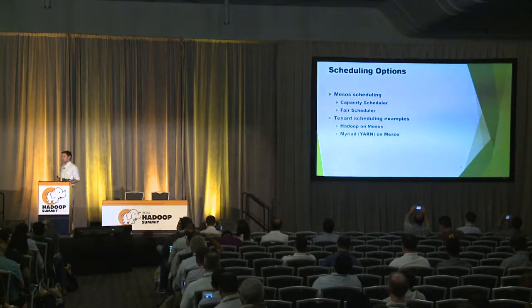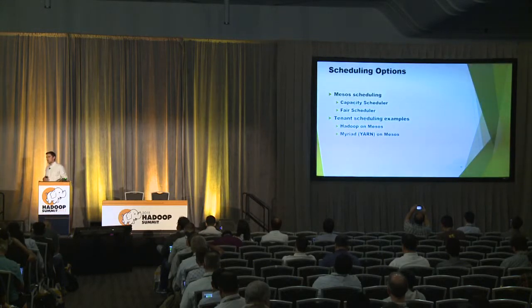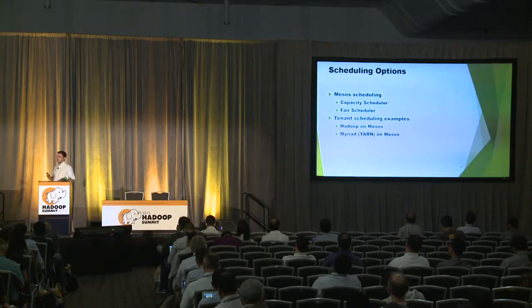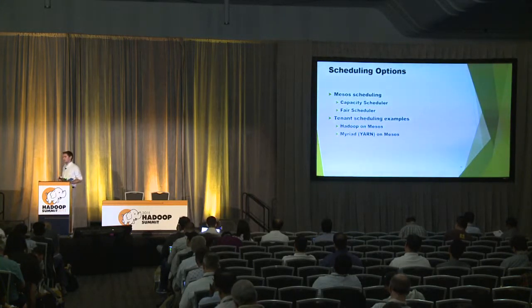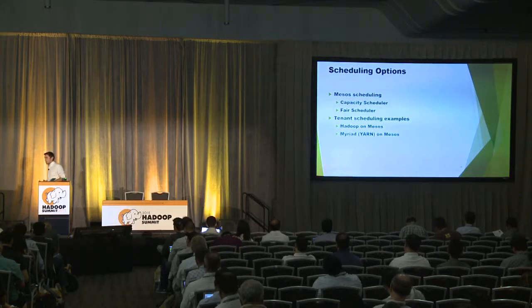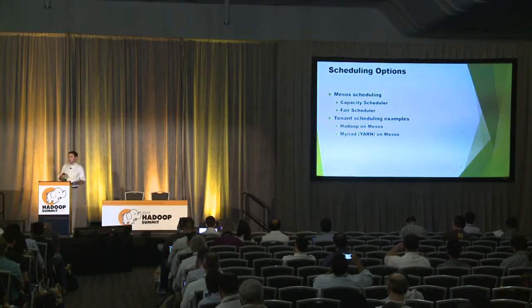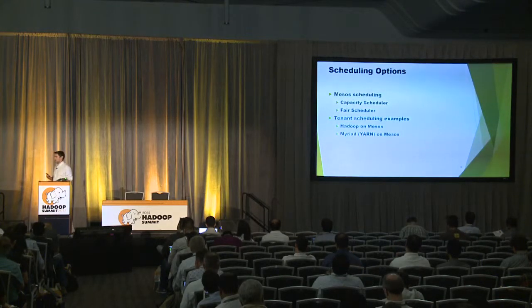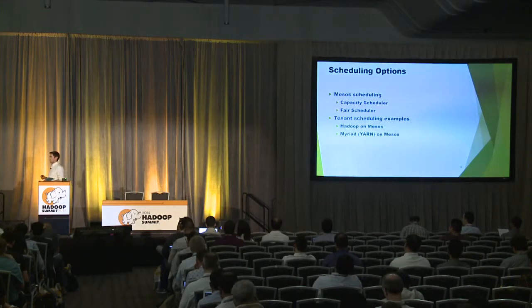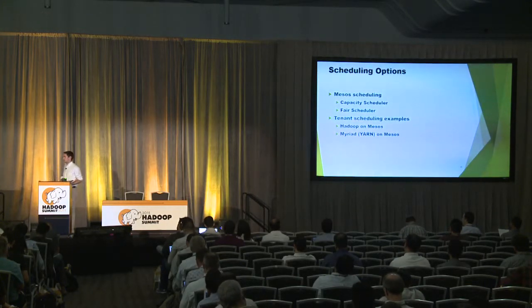Being able to take advantage of this hierarchical scheduling model gives the resource pool the opportunity to divide up those resources by capacity or by fair sharing across the different frameworks, and then be fairly specific because each framework will have its own scheduler that's able to determine what to do with those resources, whether it can accept those resource offers or what it needs to wait for, what it needs to queue, what it's able to do, again, within that shared resource pool in the data center versus just siloing that and having oversizing hardware for specific frameworks.